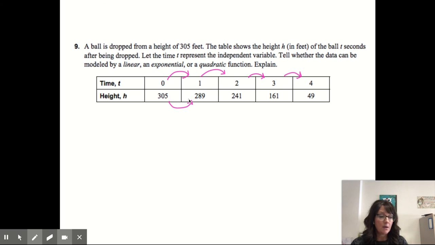Then is there a common difference? So let's see. When I take 305 minus 289, I get 16. So we're going to subtract 16 here. If I take 289 and I subtract 241, I'm subtracting 48 here.